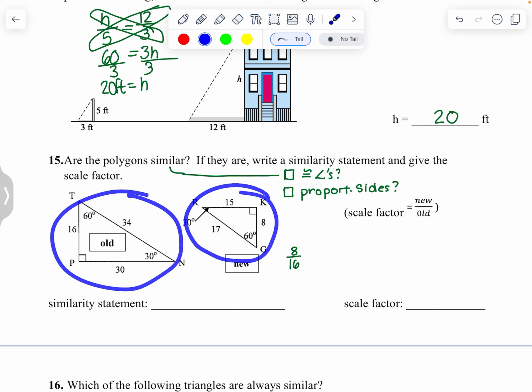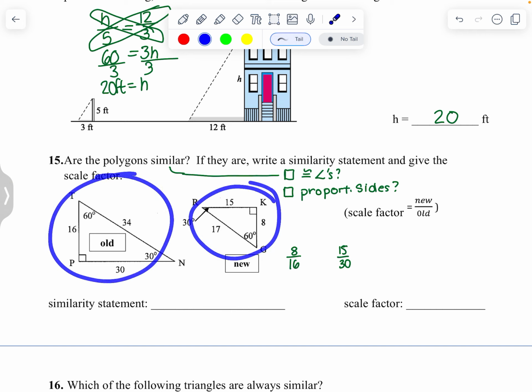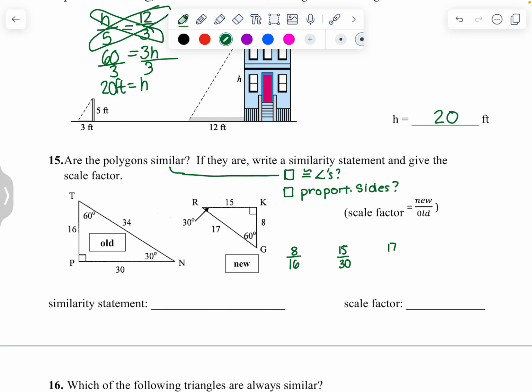Medium over medium would be 15 over 30. And longest side over longest side is going to be 17 over 34.